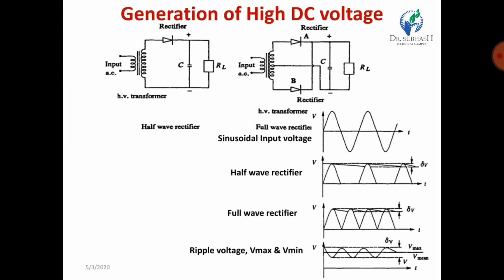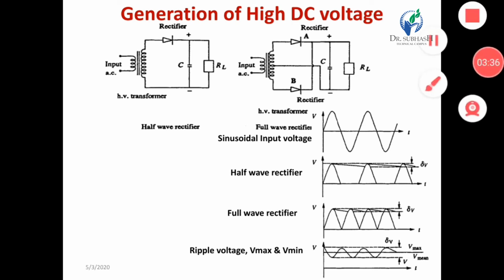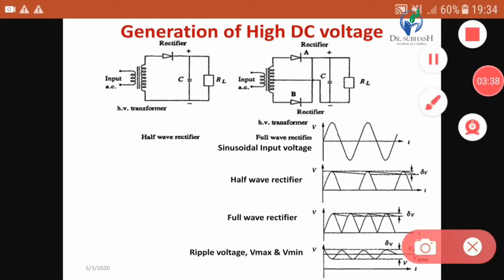In a full wave rectifier there are also positive and negative half cycles. During the positive half cycle, diode A becomes forward biased and diode B becomes reverse biased. You can see here is diode A and here is diode B.